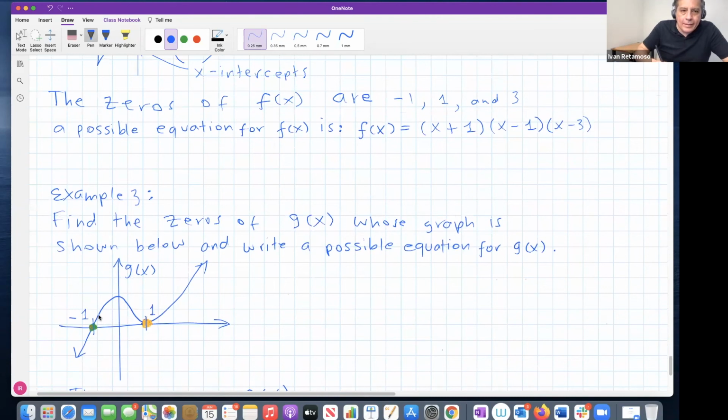Okay, clearly here, let's use this color. The graph is crossing, so it crosses. But here it's not crossing, right? It's just touching, sort of kissing the x-axis and going away. So this one touches the x-axis and bounces off.